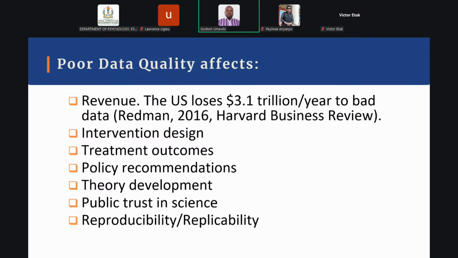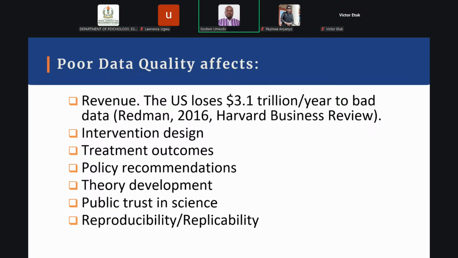The US alone recorded a 3.1 trillion loss in revenue owing to bad data. It's from Harvard Business Review. So you see, poor quality data can actually lead to a lot of issues, including loss of revenue.